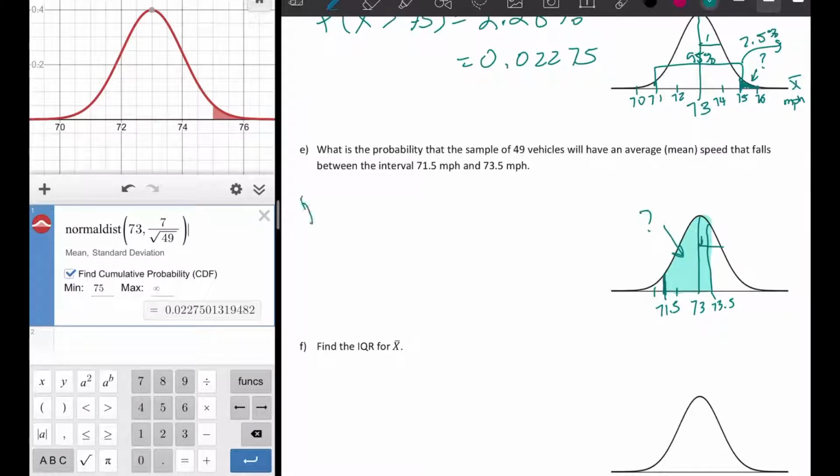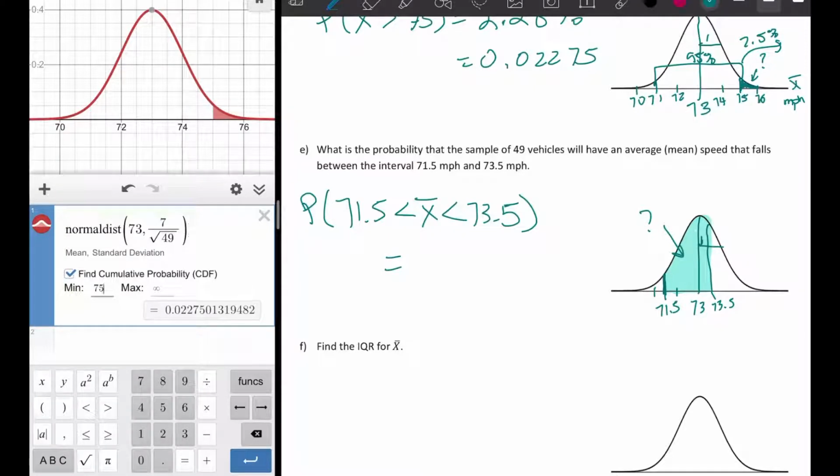So this is the probability that 71.5 is less than my x bar, which is less than 73.5. And so we see that x bar is between 71.5 and 73.5, right? So I'm going to go over to my calculator.